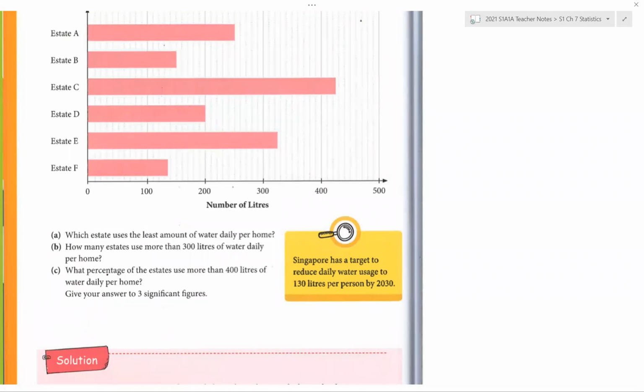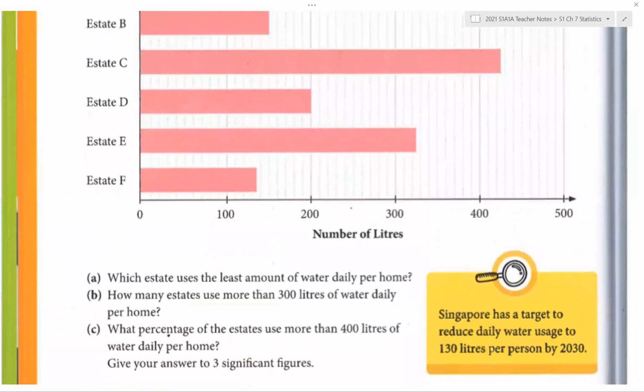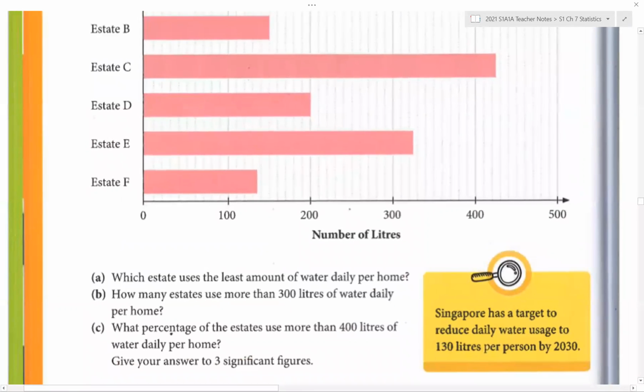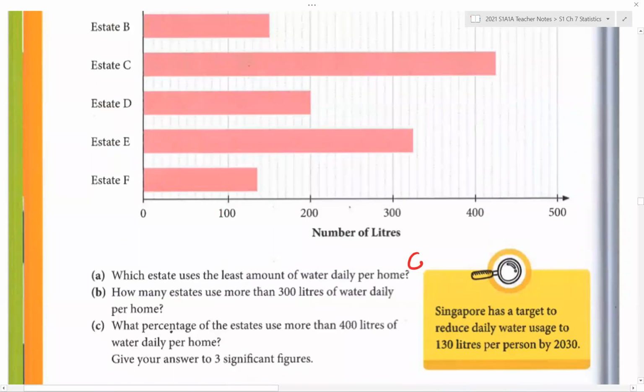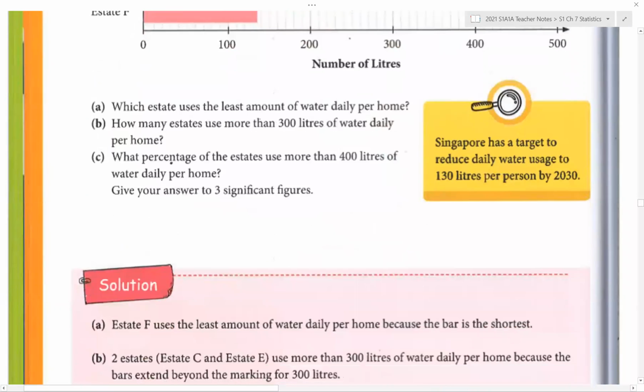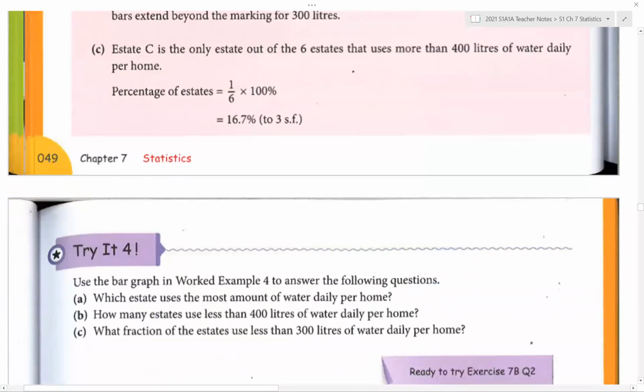Estate? Estate C. We are doing try it for now.